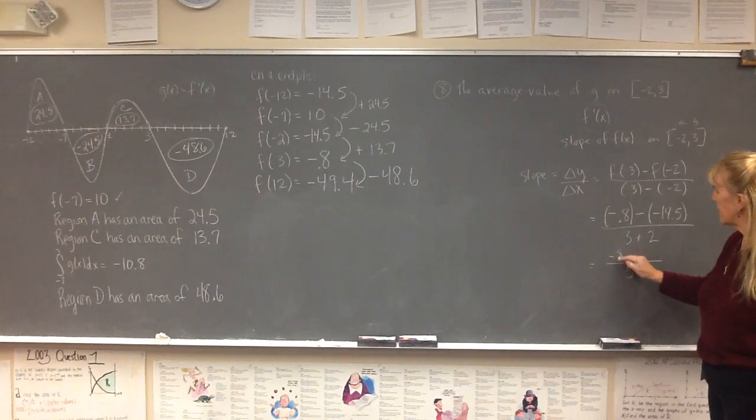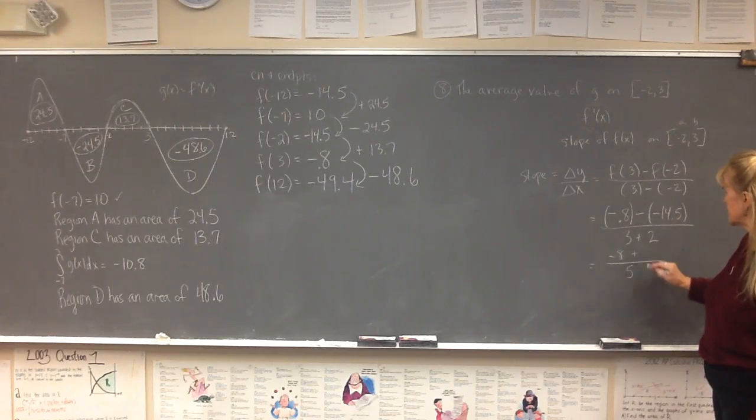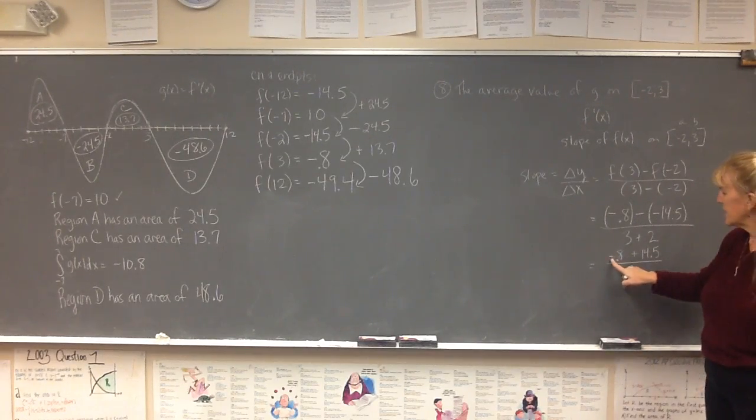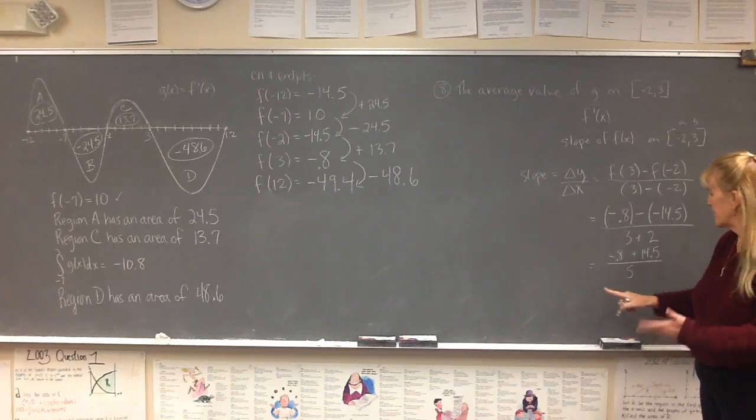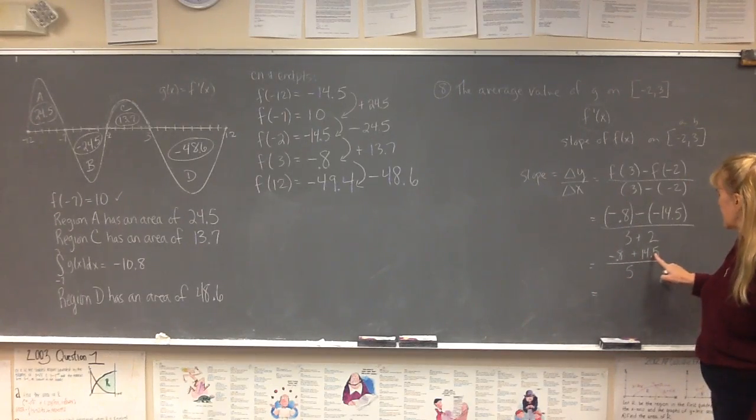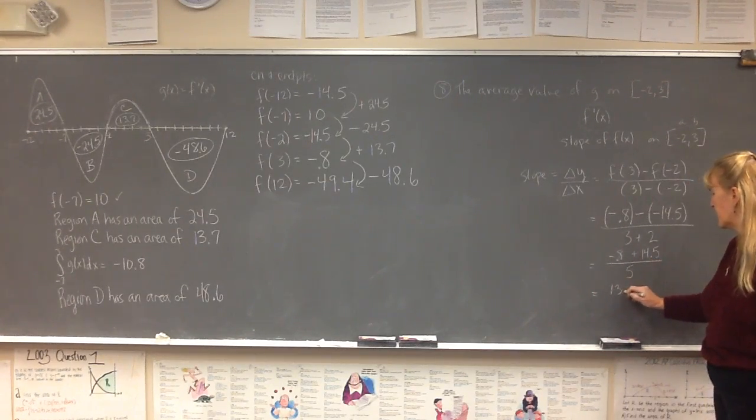This is a -0.8 plus 14.5. So I have a negative value and a positive value. I have to find the difference between those. That's going to give me 13.7, and it's positive, divided by 5.